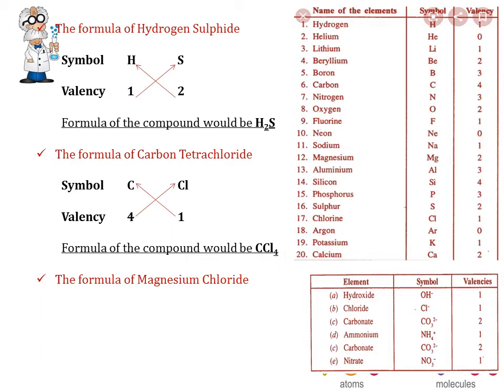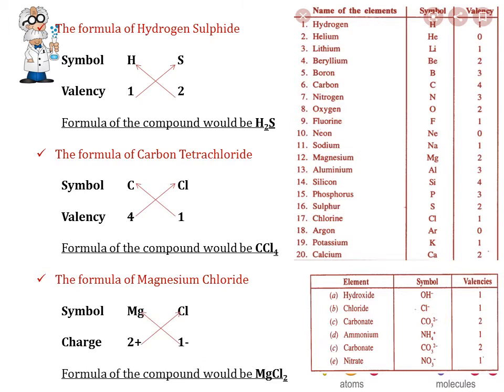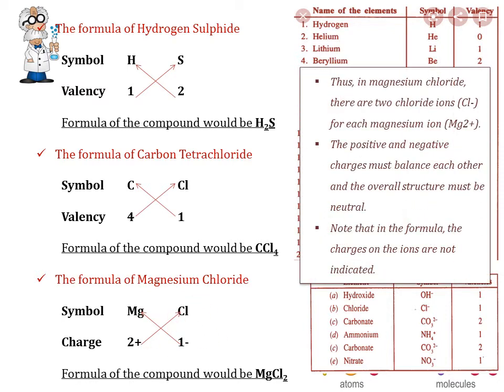Now in the case of magnesium chloride, it is an ionic compound, so we write the charges of the ions. The constituent elements are Mg and Cl and the valency along with the charges is 2 plus for magnesium and 1 minus for chlorine. And when we cross over the valencies, we get MgCl2. See?